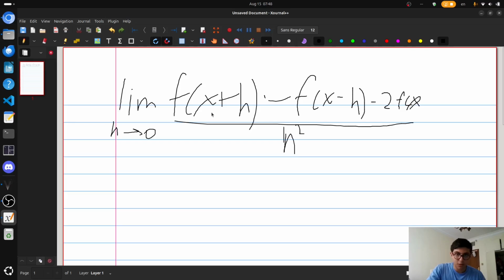Notice all this will go to 0, because this will become 2f of x, so 2f of x minus 2f of x is 0 and h squared is 0. So take the derivative: f prime of x plus h plus f prime of x minus h.